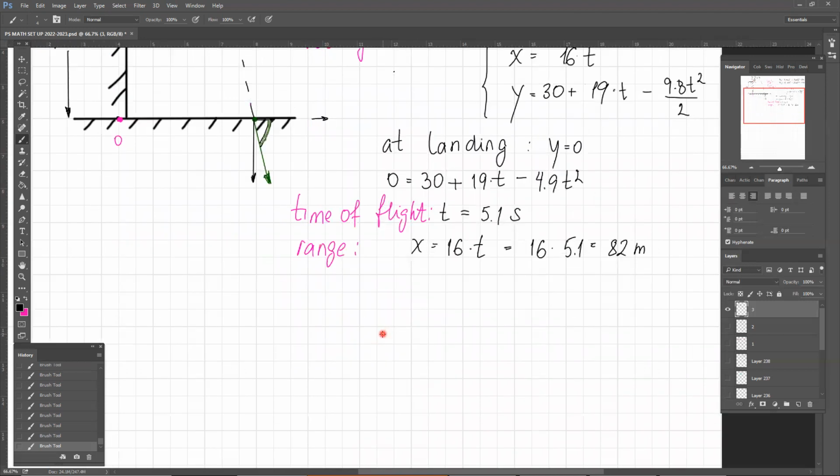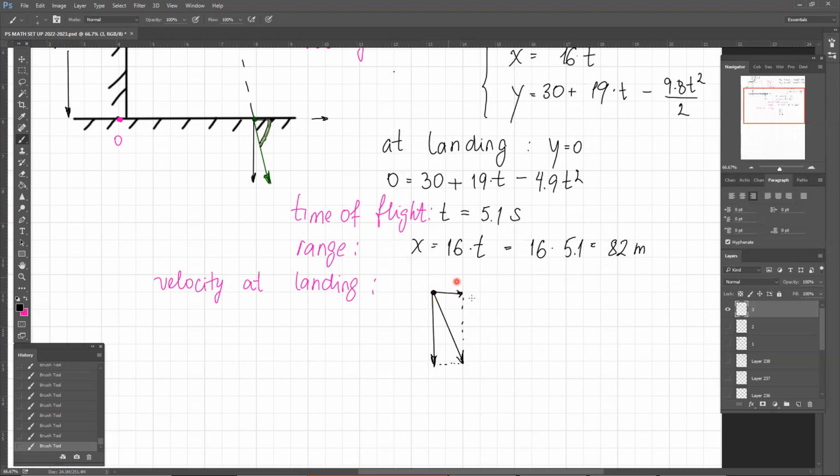Now, the velocity at the end. It's a complicated question because velocity at landing. We haven't really spoken much about velocity, but what we know is that it can be broken down into components, and we have in fact seen that when we had our interactive demonstration when there was cannonball firing.